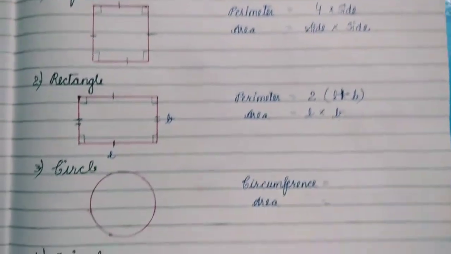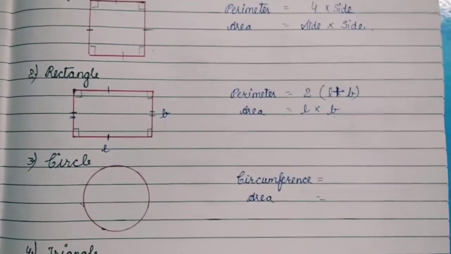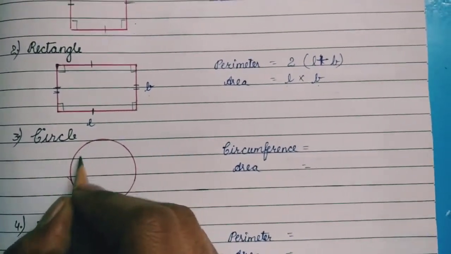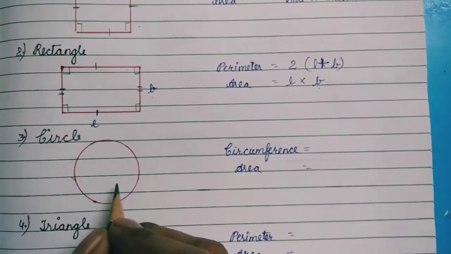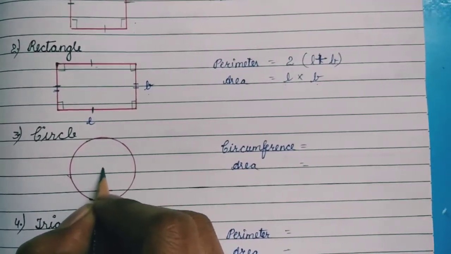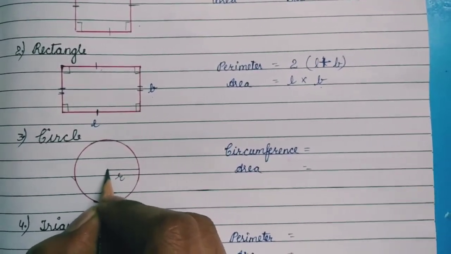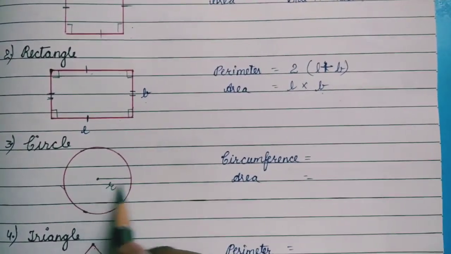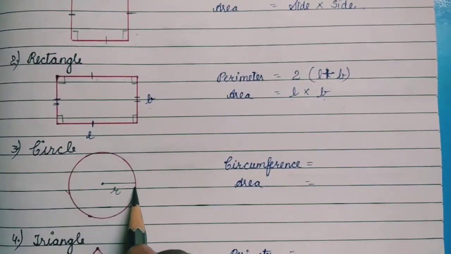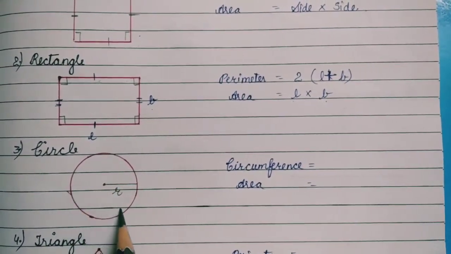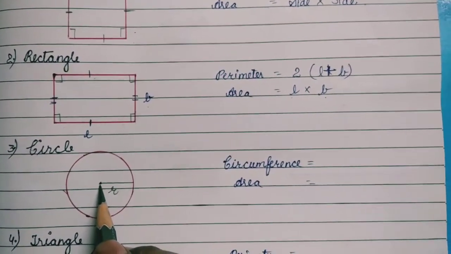Now see, the third one is the circle. A circle is a circular figure which can be drawn using the radius. Radius is a line segment which helps us draw the circular path around the center.